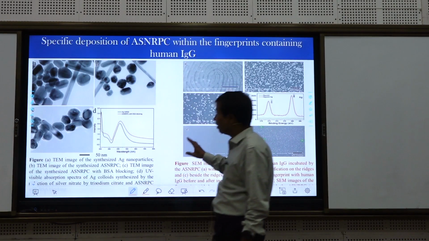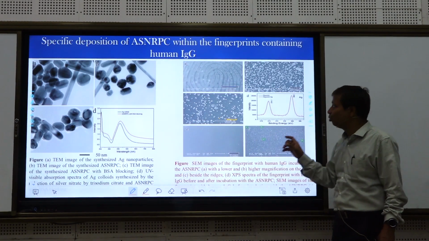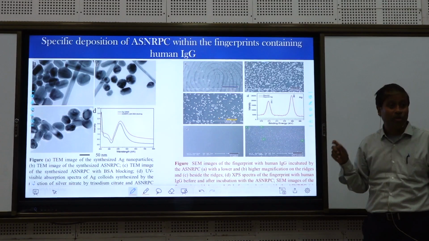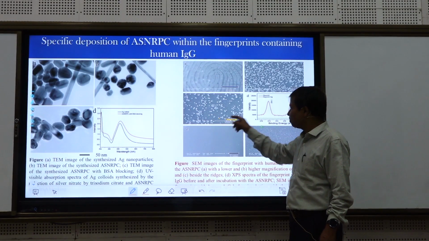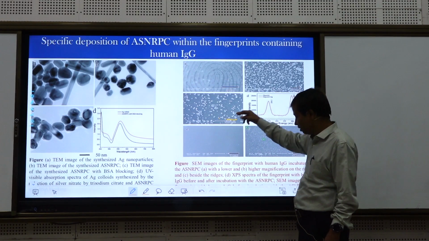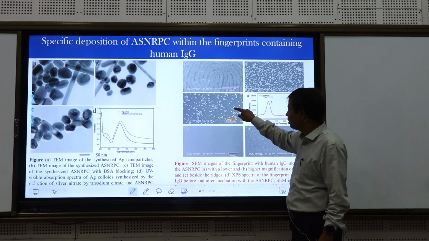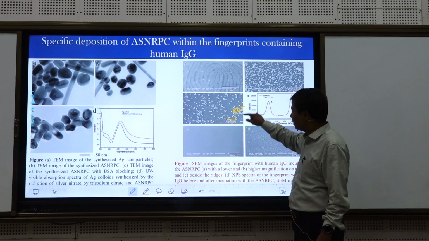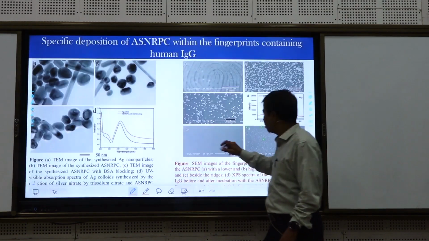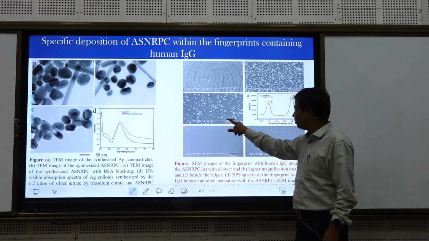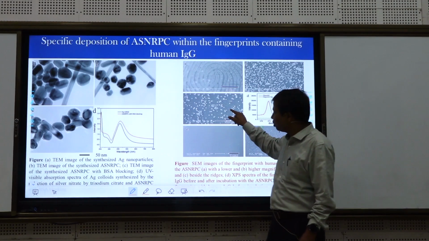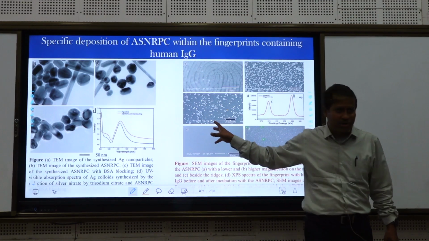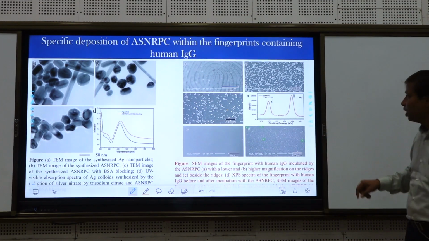There is no bar. The bar allows you to understand the size you are looking at. If it is 500, then this must be around 50, maybe 50 nanometer. So the size of this nanocrystal, whatever it may be, is 50 nanometer.